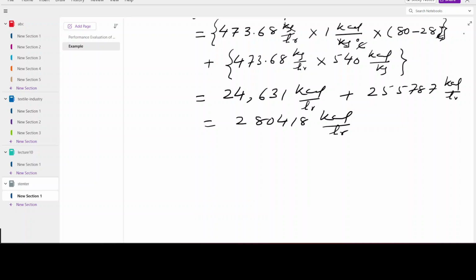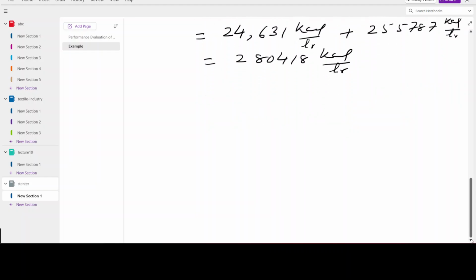When the temperature is less, the latent heat of vaporization for water will be more, and if you use the steam table, you will find that the latent heat of vaporization at 80 degree centigrade is nearly 555 kilocalorie per kg. So for simplification, we are using 540 kilocalorie per kg, and this information is given in the question also, that you have to take 540 kilocalorie per kg for latent heat of vaporization.